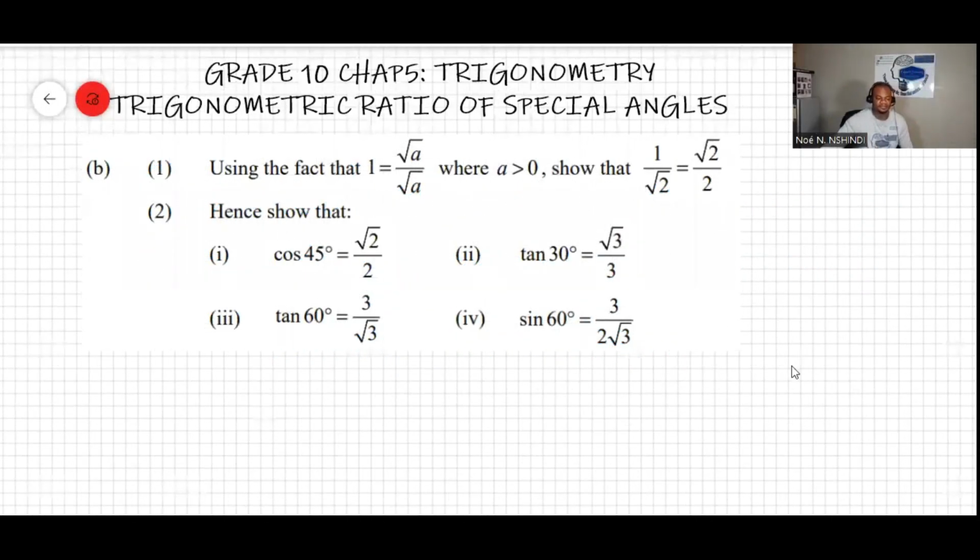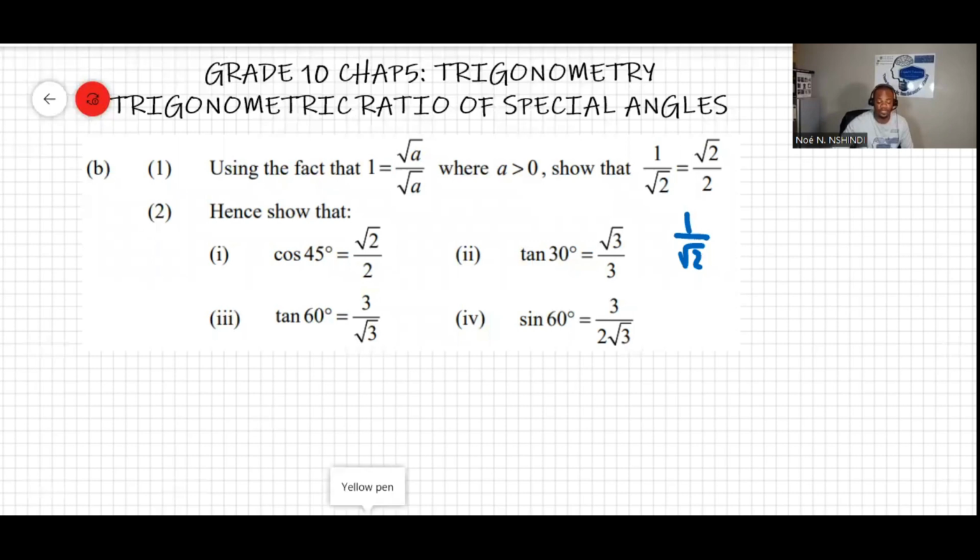Well, question B, exercise 4 says, using the fact that 1 equals root A over root A, where A is positive, A is more than 0, show that 1 over root 2 equals root 2 over 2. This was explained a few times in previous videos. When we have 1 over root 2, we can multiply this by 1, and it's still going to be 1 over root 2.